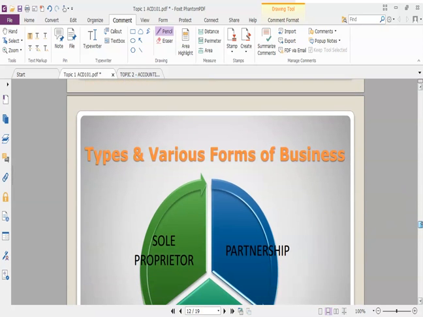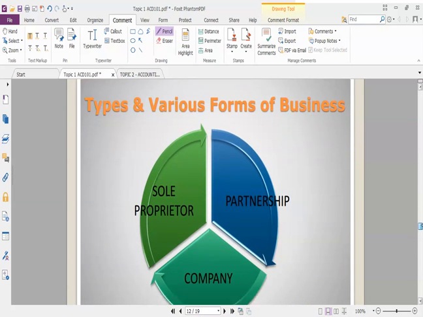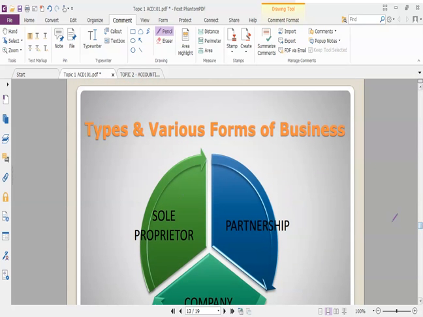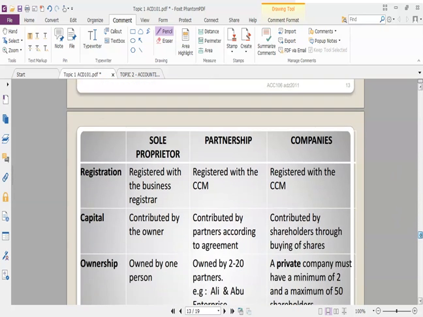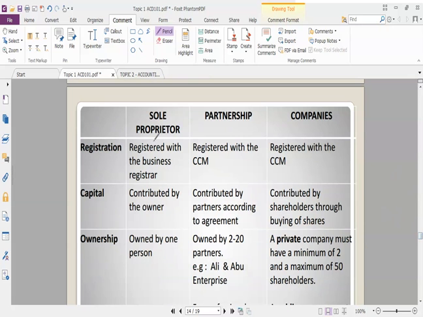Okay. Let's look at the various forms of business. We have three types: sole proprietorship, partnership, and also company. Three types of business forms. For the sole proprietor, how about their registration?